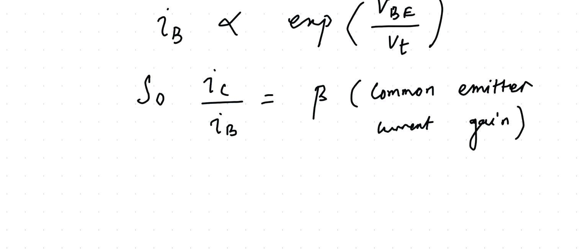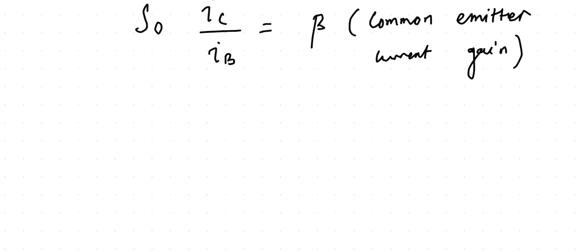Beta for silicon bipolar junction transistors, for most silicon BJTs, depends upon the internal transistor structure, like the width and dimensions, and also the doping concentrations.